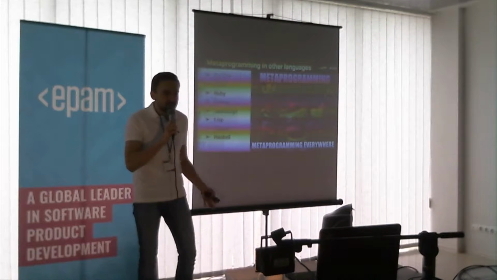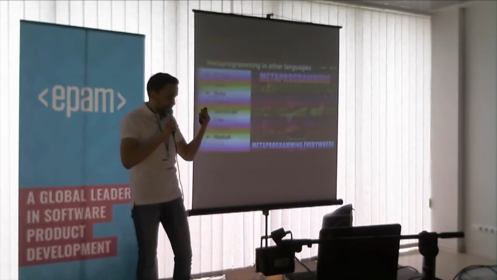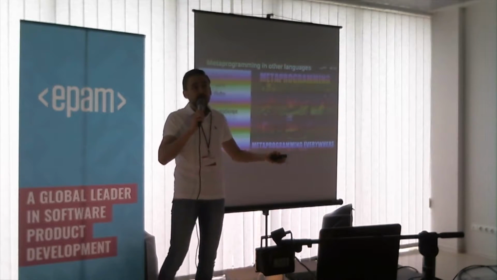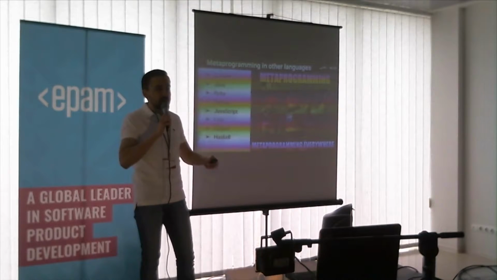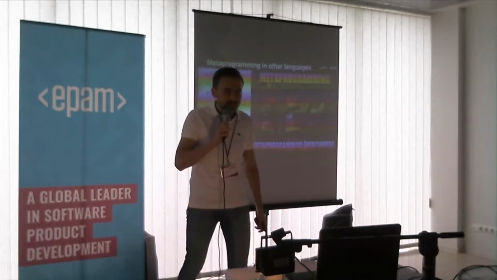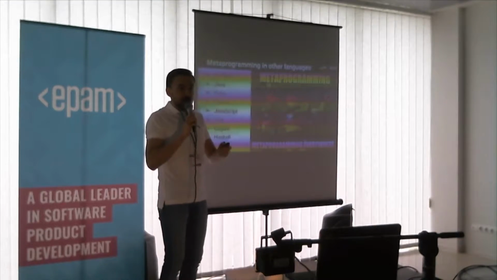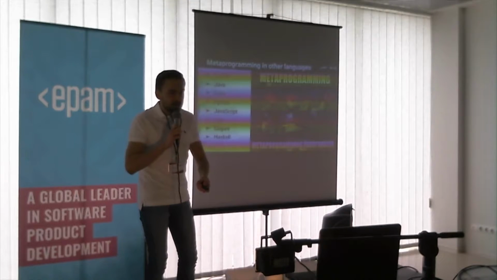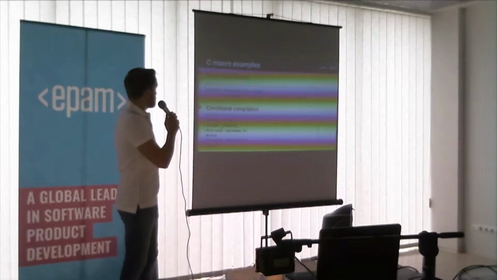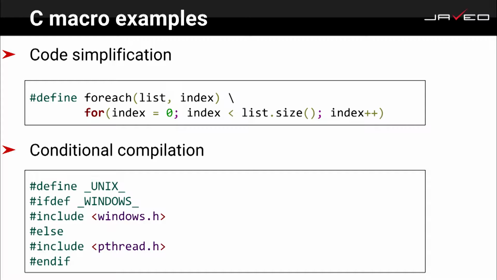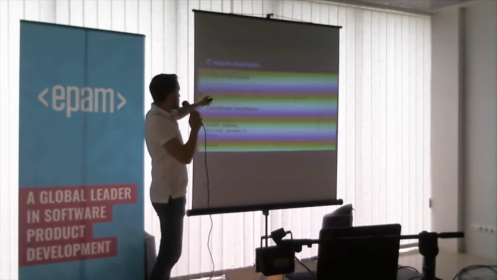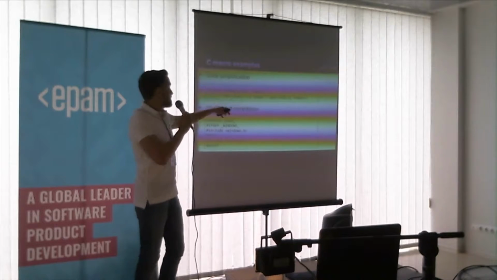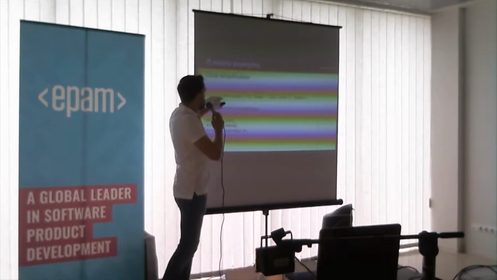And why is this considered a controversial feature? Because macros or metaprogramming give the developer a lot of power, and with a lot of power comes great responsibility. So what do I mean by that? What do I mean by a lot of power? Let's look at these examples of macros in the C language. What this code does is replace this code snippet for each with this code.